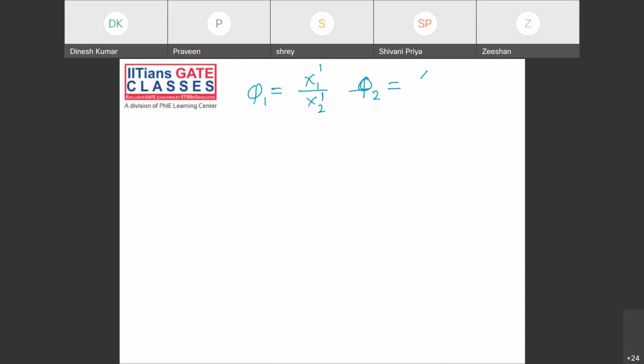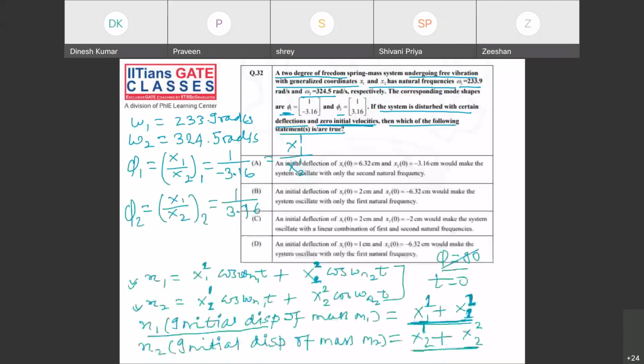Phi 2 is x12 upon x22. Okay, so guys, remember these two as well as these two to solve any question of 2 degrees of freedom. And I think 3-4 questions are there in previous years' papers other than this 2021 paper.